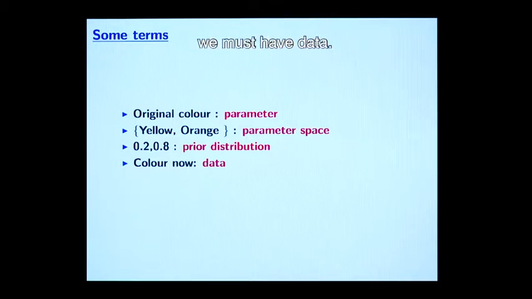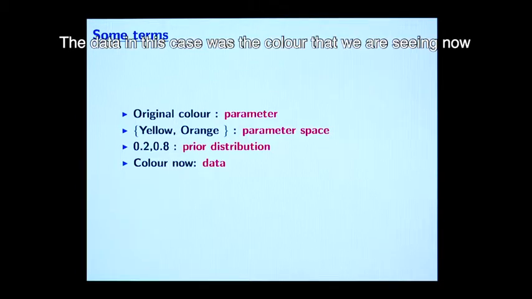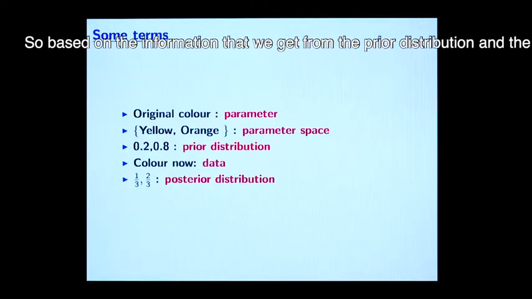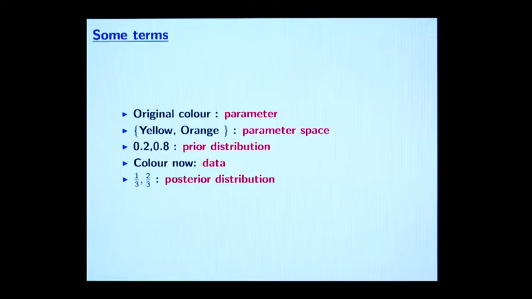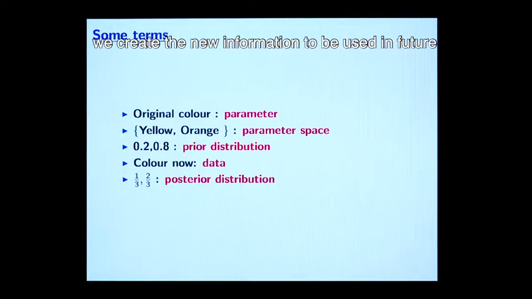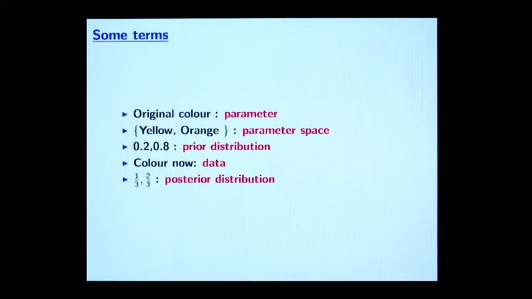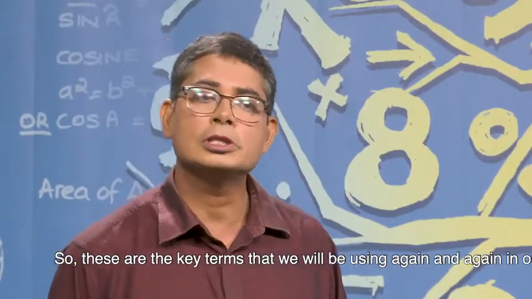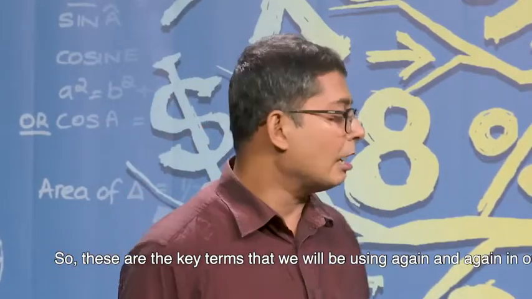We must have data. The data in this case was the color that we are seeing now, that is yellow in our case. So, based on the information that we get from the prior distribution and the data, we create the new information to be used in future, that is called the posterior distribution, that is that 1/3 and 2/3 that we computed just now. So, these are the key terms that we will be using again and again in our lecture.